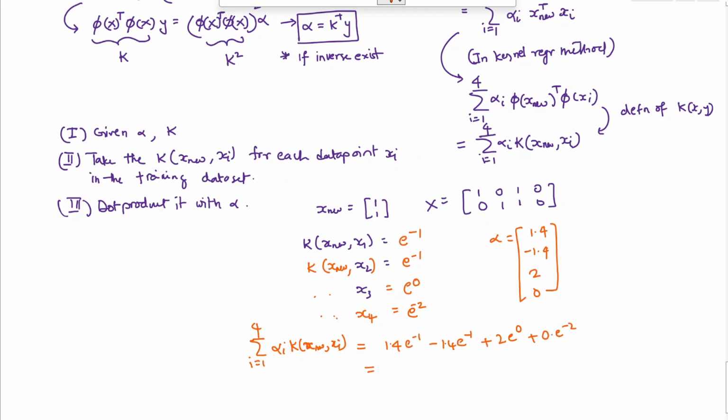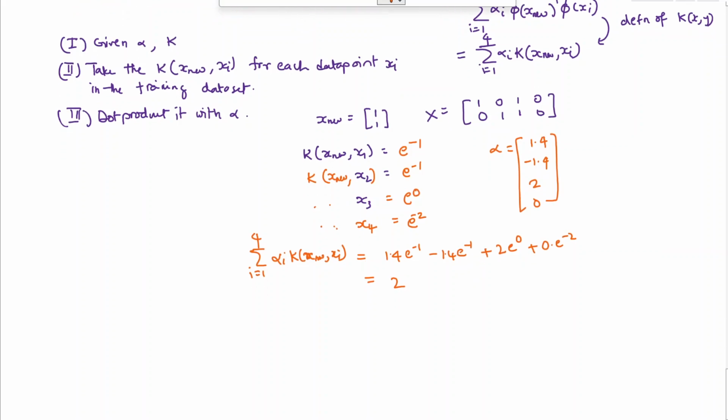Now this will be equal to 2. So this is the prediction. The prediction for 1 1 is 2.